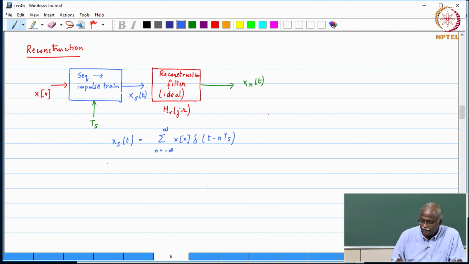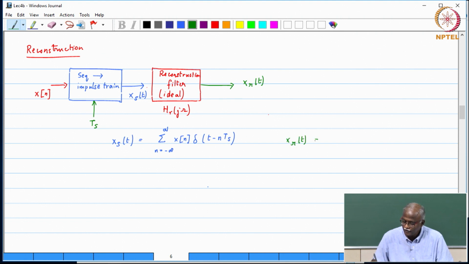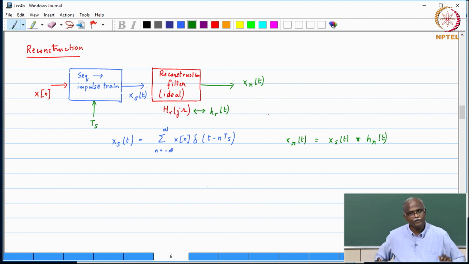And the next step, which is the reconstruction step: xr of t, if this is xs of t, can be related to an impulse response hr of t, since it is an LTI system. So, xr of t will be xs of t convolved with hr of t.